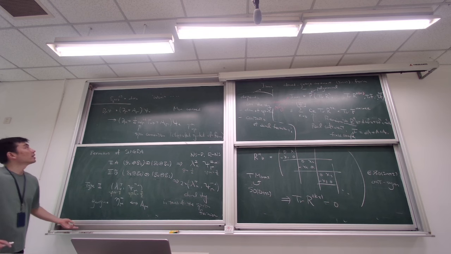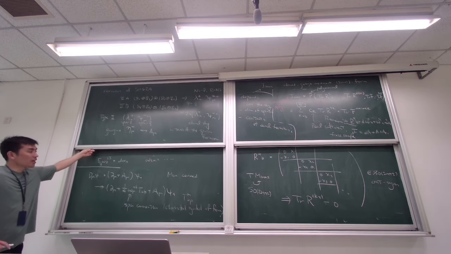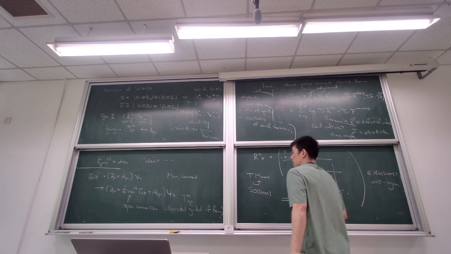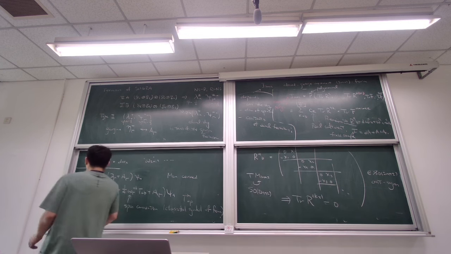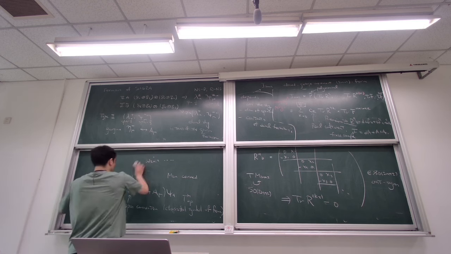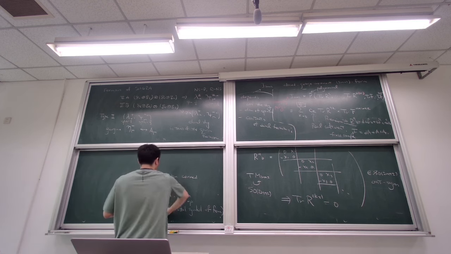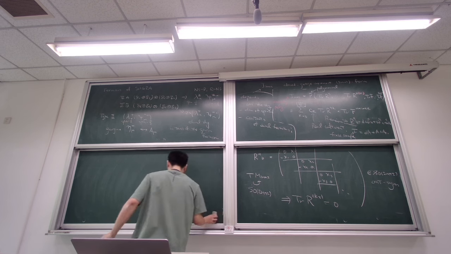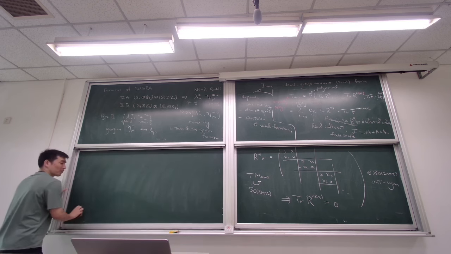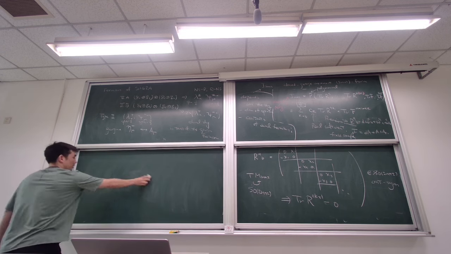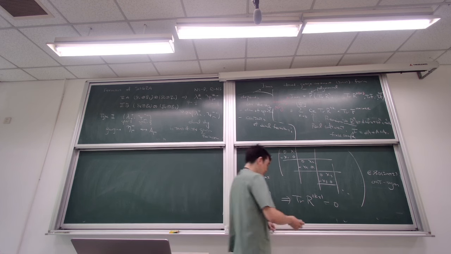To do that, I need to introduce some notation of the characteristic classes. I'm not going to go into the detail. If you do the honest computation, you have to involve the so-called index theorem to compute this anomaly polynomial.